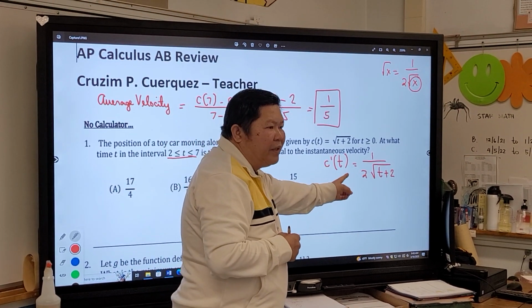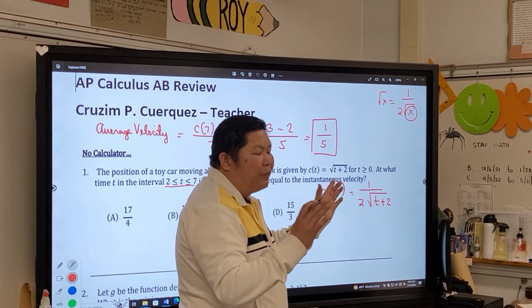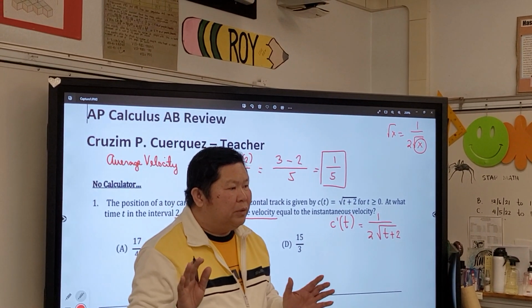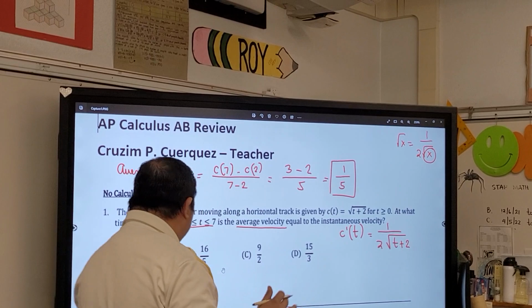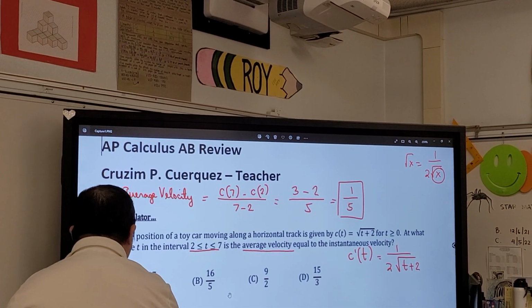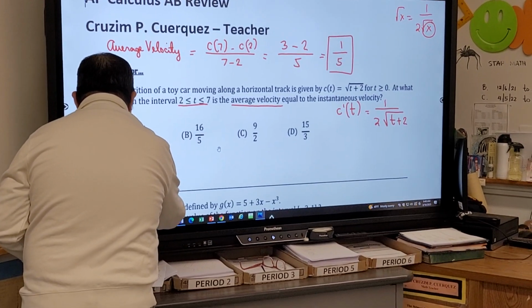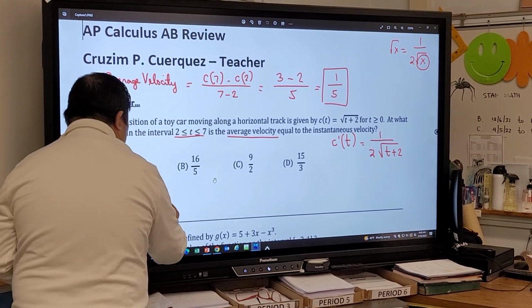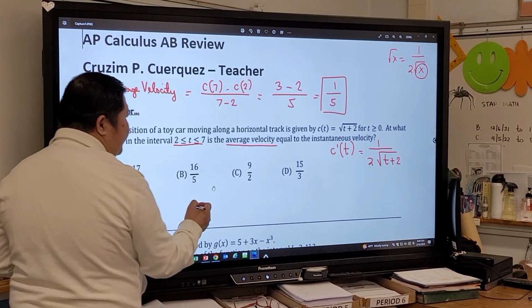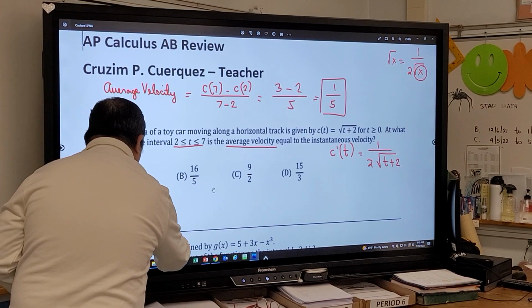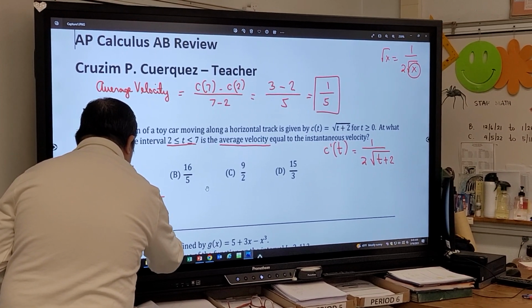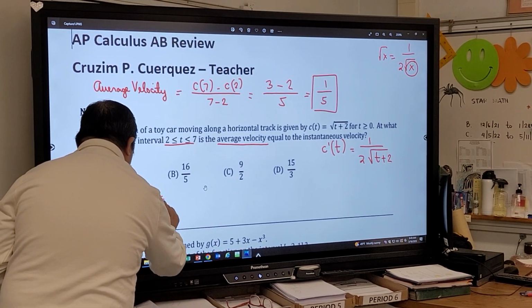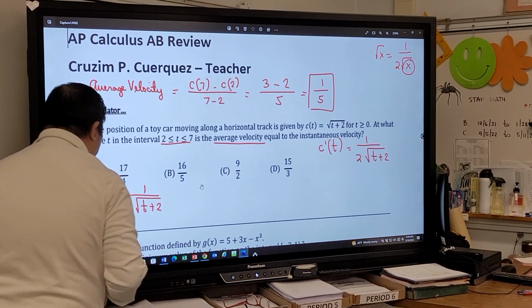Is this the instantaneous velocity? So therefore, what do we do? Very good. So we equate them. So equating 1/5 equals the instantaneous velocity, 1 over 2 times the square root of t plus 2.